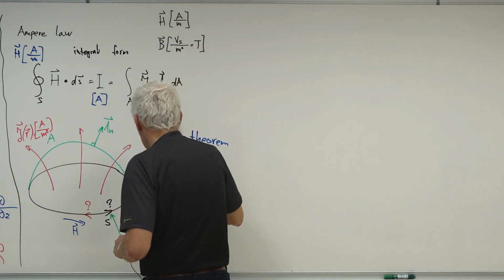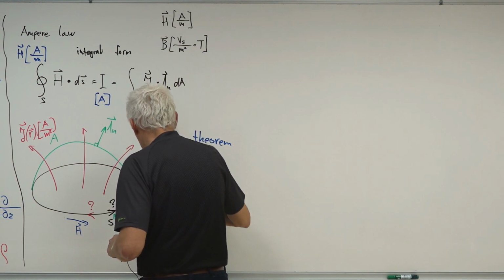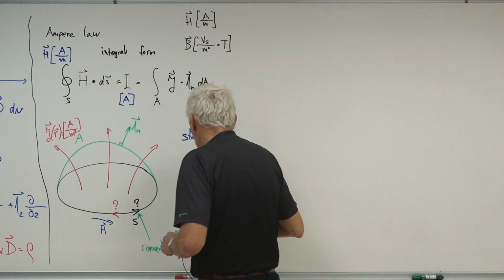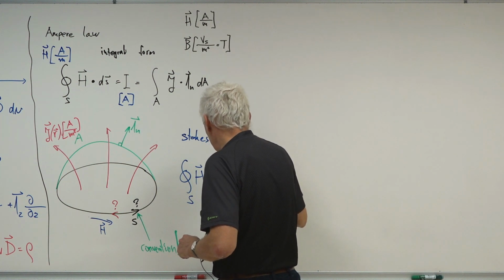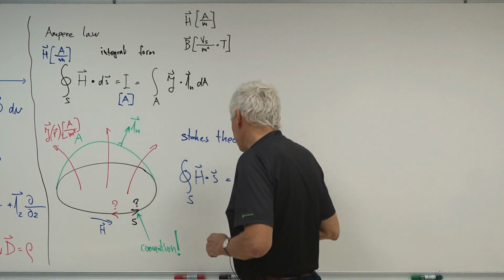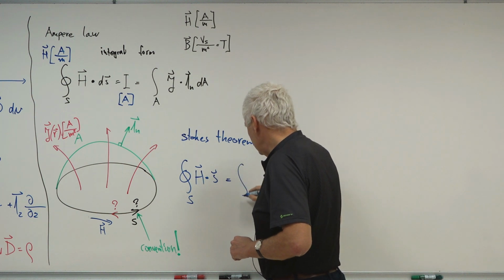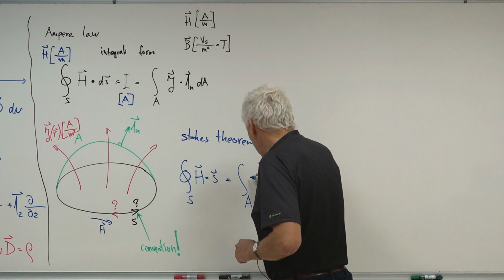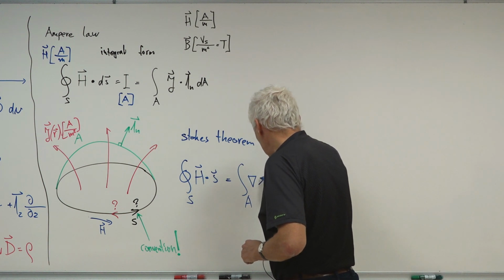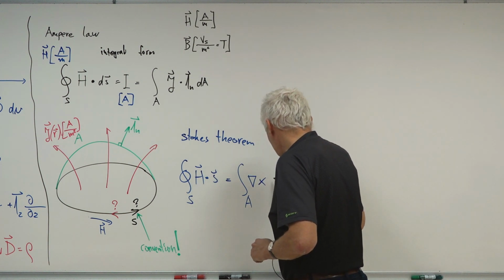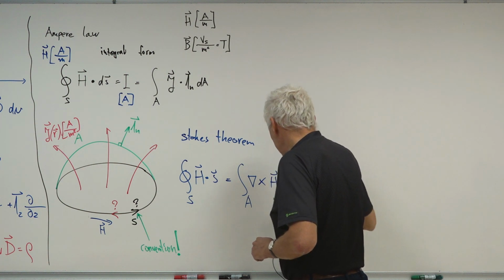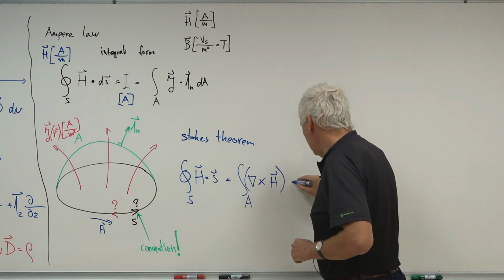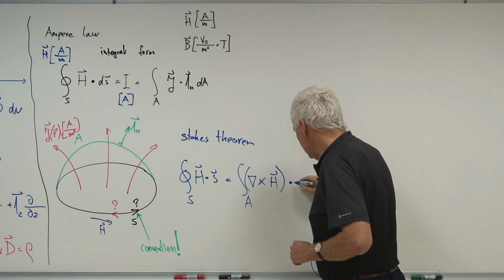It says that this closed integral along the curve, the loop S, is equal to the integral over the surface A of curl of H times dA.